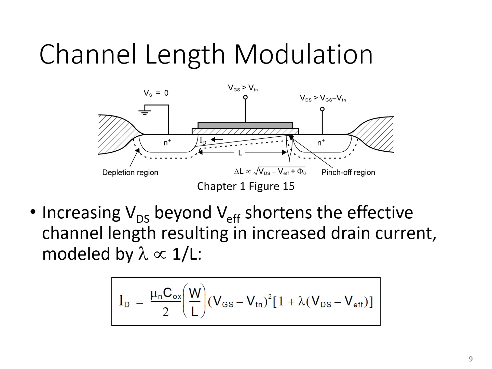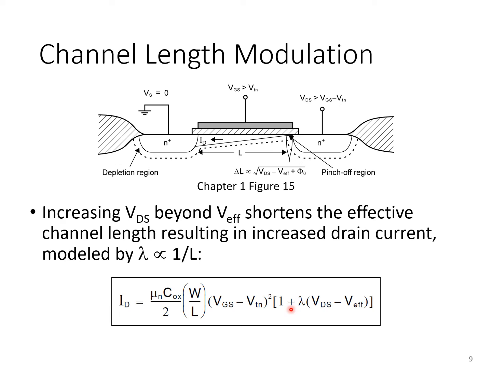In reality, increasing VDS much beyond V effective shortens the effective channel length, resulting in an increase in drain current. And we modeled this increase in drain current with an additional term parameterized by lambda. And the term lambda is in turn inversely proportional to the channel length of the MOSFET.